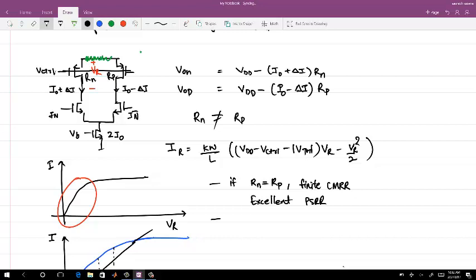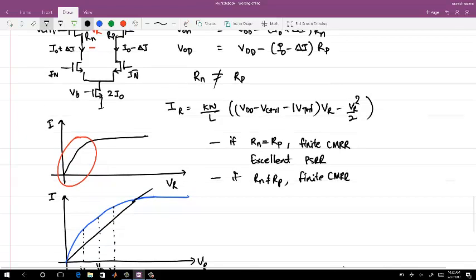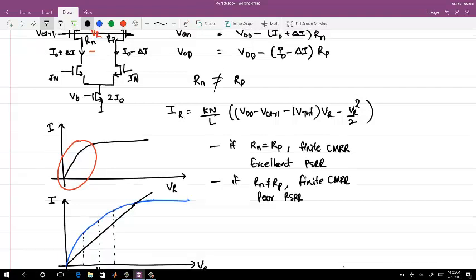Now, if your Rn is not equal to Rp, and again finite CMRR, common mode rejection ratio, in that case your PSRR will be poor for this particular set. So you see two things which I am considering here.